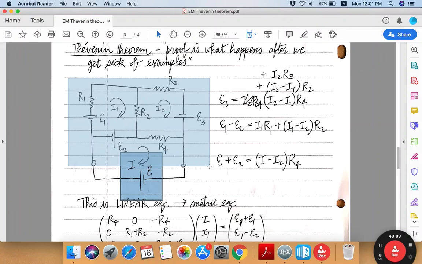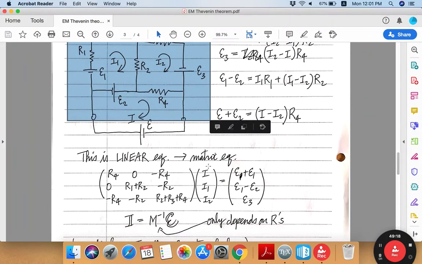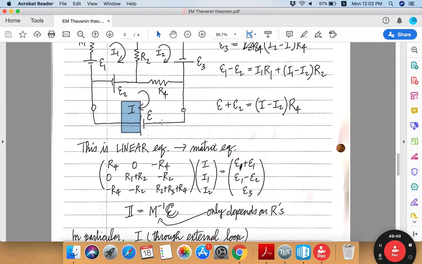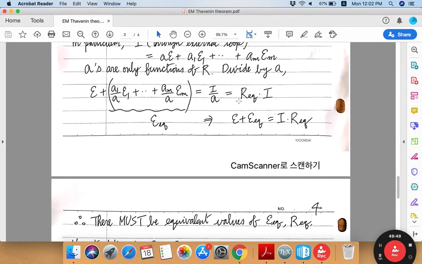We don't know what's inside this shaded rectangle, but what we do know is that if I hook up this voltage source of epsilon to the black box, then I measure the current equal to I flowing through my measuring device.